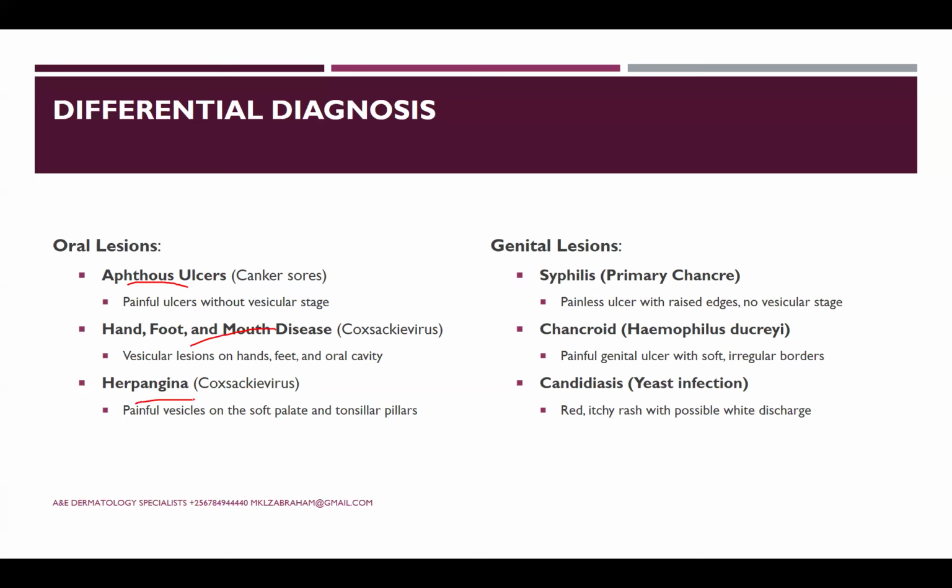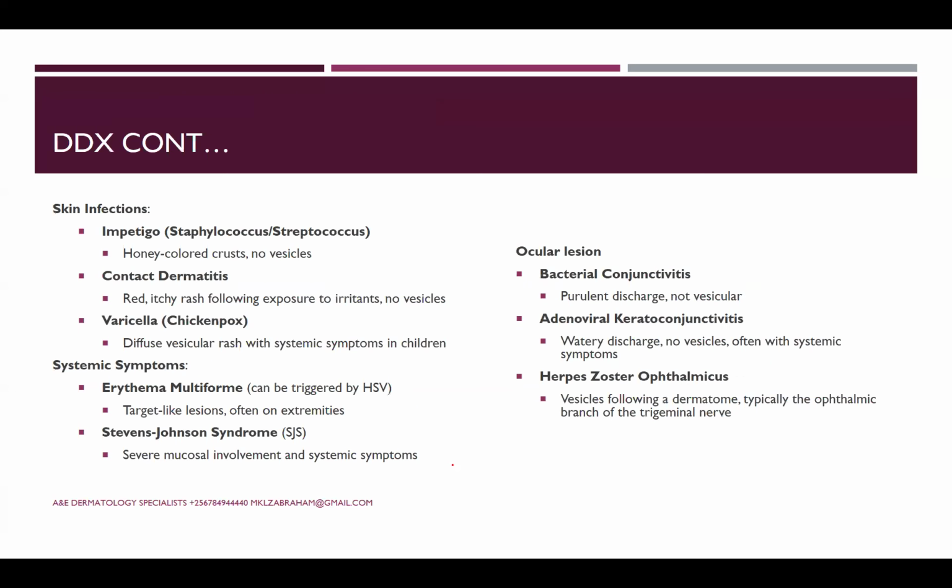We can think about herpangina, which also gives oral lesions. If it is genital, we can think about syphilis, chancroid, and even yeast infections like candida. If it is skin, we can think about impetigo, contact dermatitis, varicella, or if it is presenting with systemic symptoms, we can think about erythema multiforme and SJS.